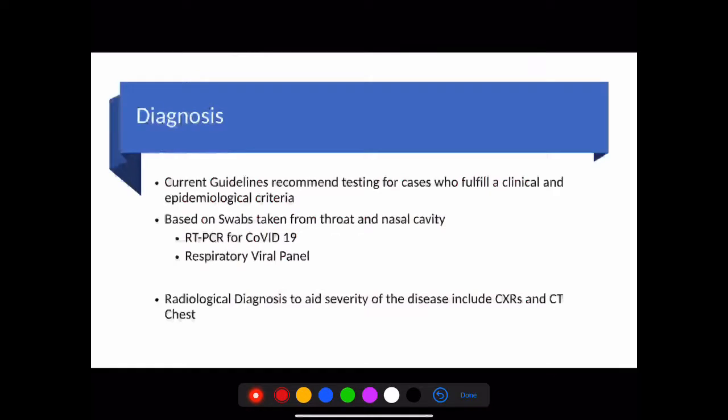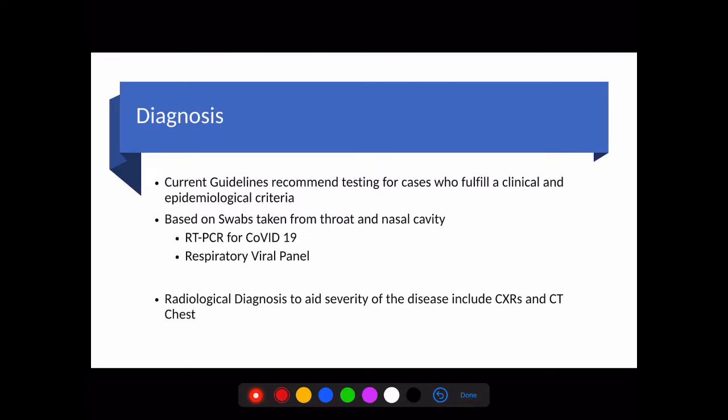Now, the diagnosis, as I said earlier, current guidelines recommend tests only for those cases who fulfill a clinical and epidemiological criteria. As I said, the signs and symptoms can be because of different things. So it is not economically possible that anybody who comes with a cough and cold would be offered testing, because it would have huge economic cost, and would not be sustainable.